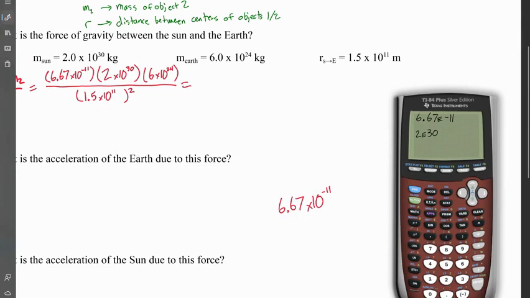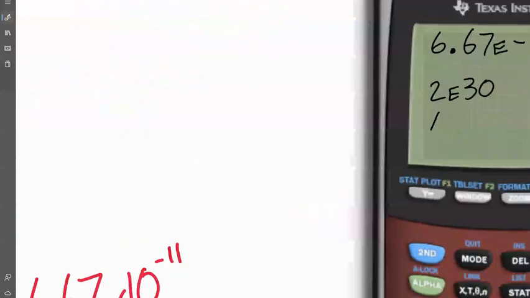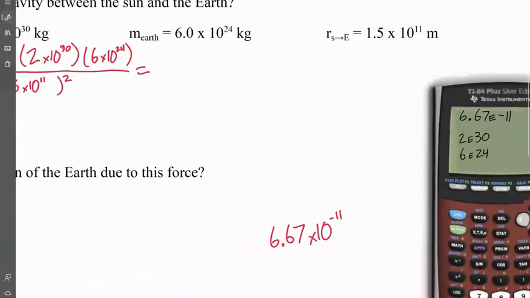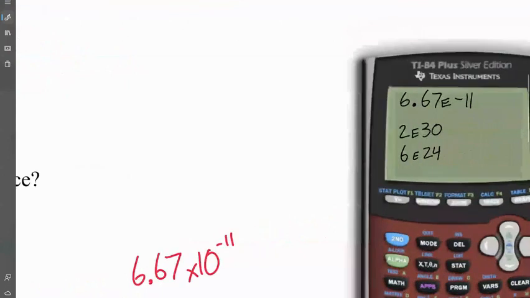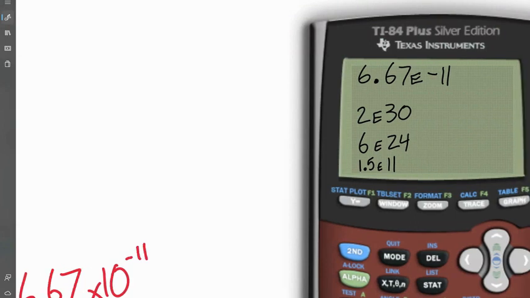If we want to go to the mass of the Earth, 6 times 10 to the 24, 6E24. And finally, 1.5 times 10 to the 11th, 1.5 E11.